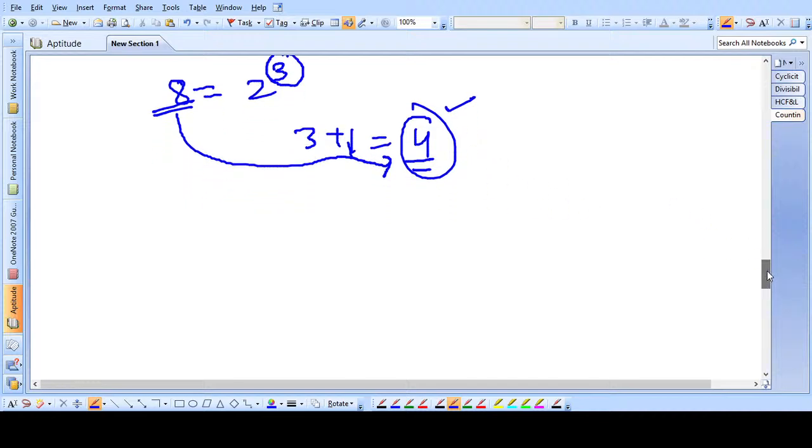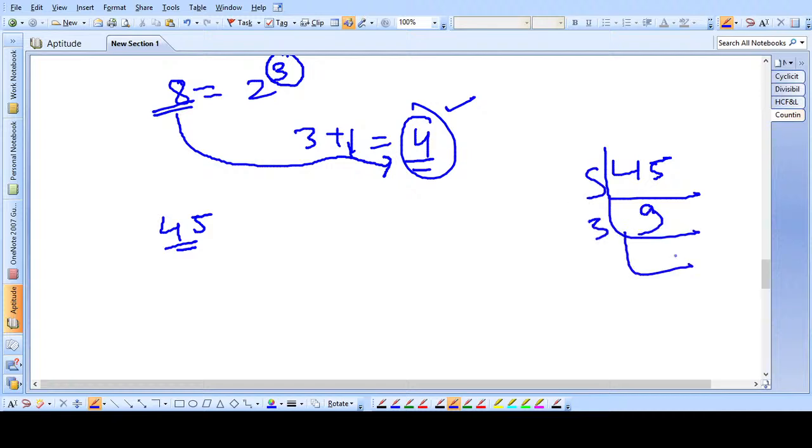Let's take a slightly different example. If I go for 27, it's 3 to the power 3. Let me take one more example: 45. If the question asks how many factors there are of 45, first, how is 45 formed? For 45, go for this ladder method: 5 times 9, then go for 3.